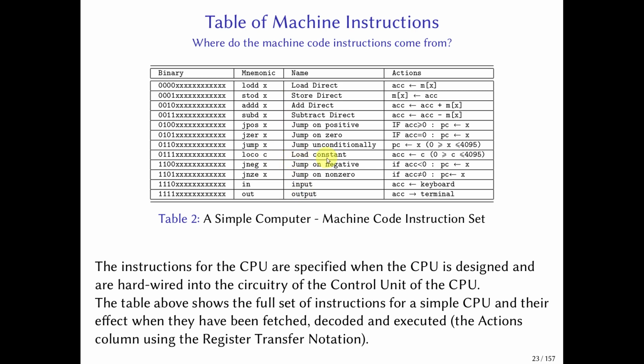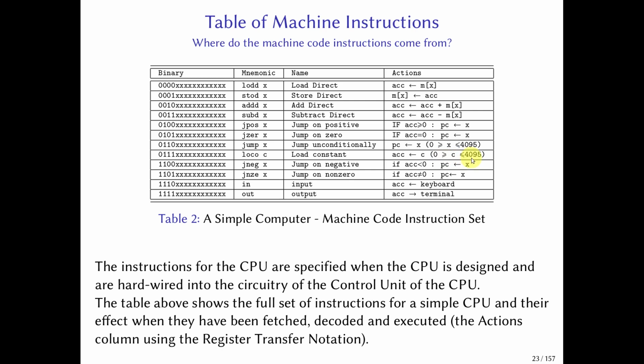So load constant means that this machine code instruction loads a constant value into the accumulator of the CPU. And then if we look at the actions column, you can see that C goes into the accumulator, where C is a value that is greater than or equal to 0 and less than or equal to 4095.